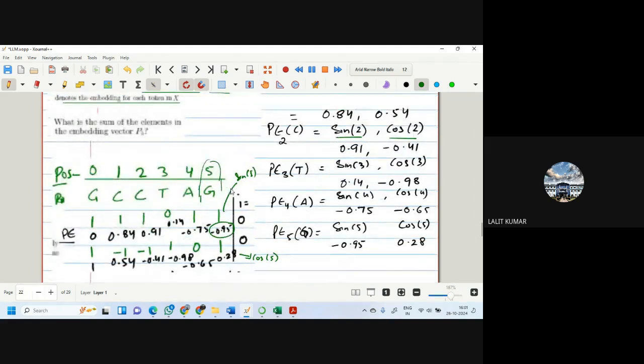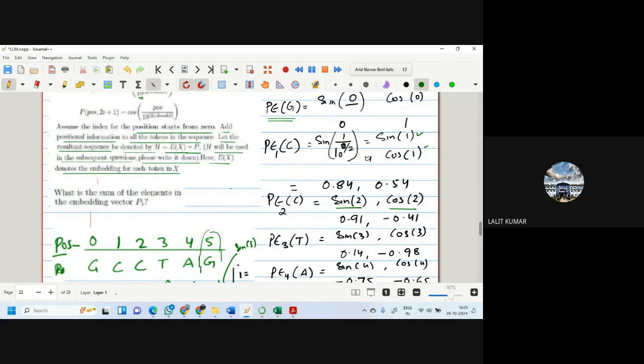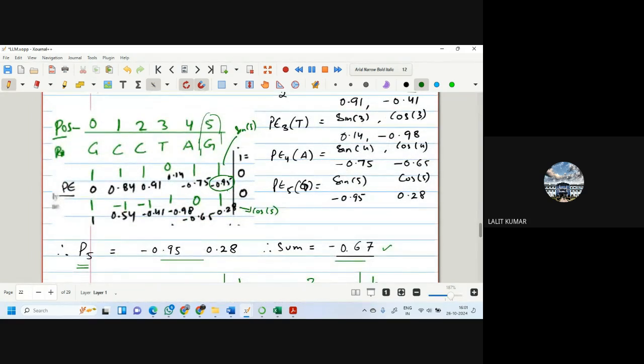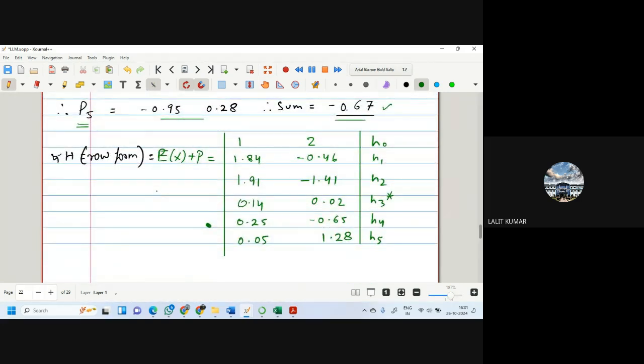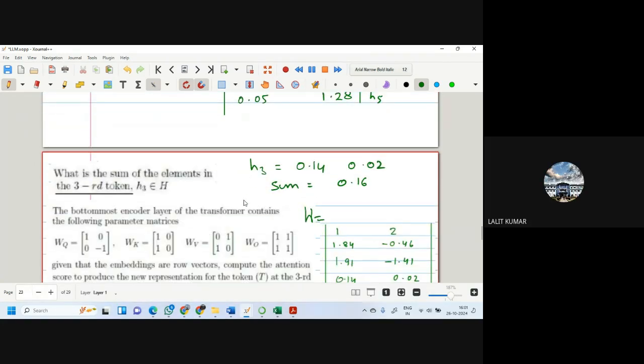But they have also asked us to write down the values of H. You add the embedding and the positional encoding to get H. So this is the H which you get. Is that okay till now? Any doubt in this? Yeah, got it. No doubt. Okay, we go to the next part of the question.